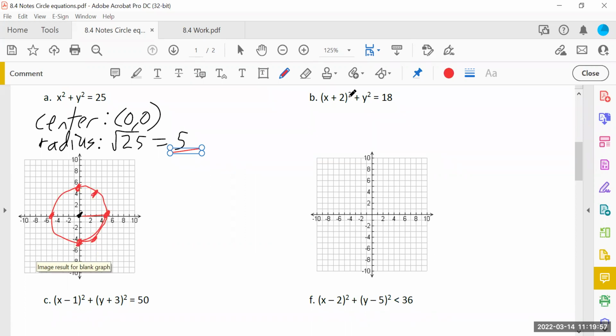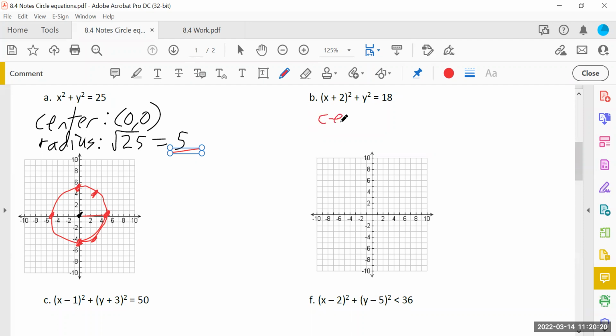So here, letter B. For letter B, x plus 2 squared plus y squared equals 18. The center point. This is where we start to have issues. The center, h, k, remember that the formula was minus h and minus k?